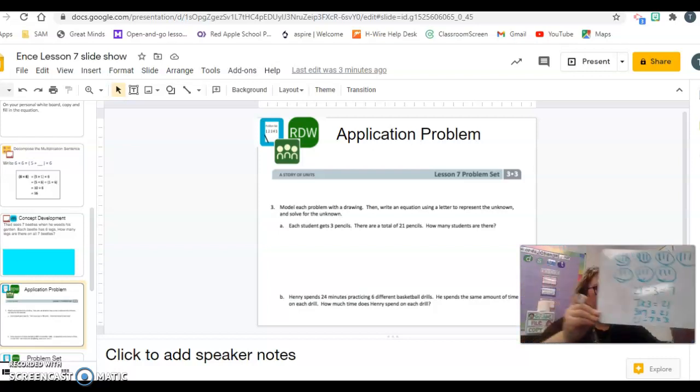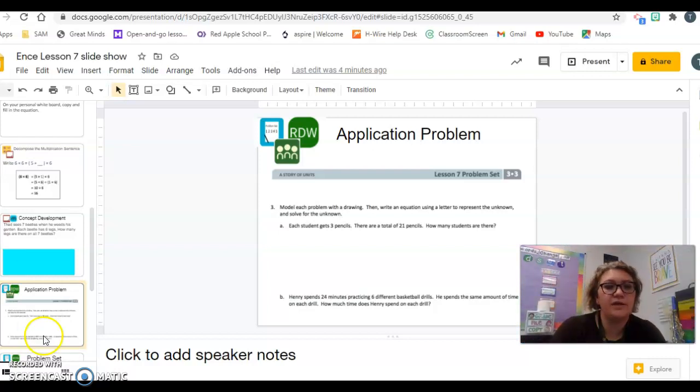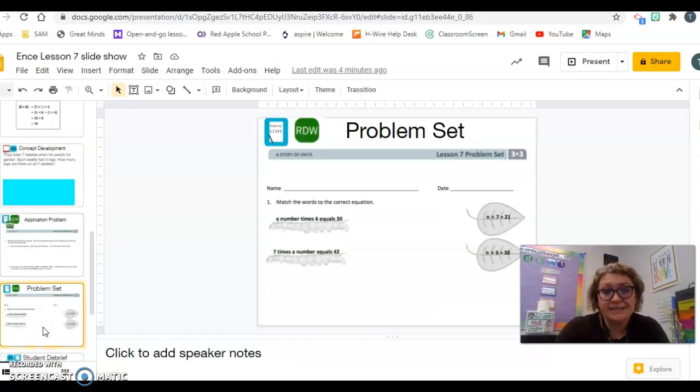See all of that? Okay, so this is the problem set. If you have it in your binder, you're doing it in your binder. You can also do it on your slides. Okay, match the words to the correct equation. Okay, a number, so we don't know what that number is, times 6 equals 30.